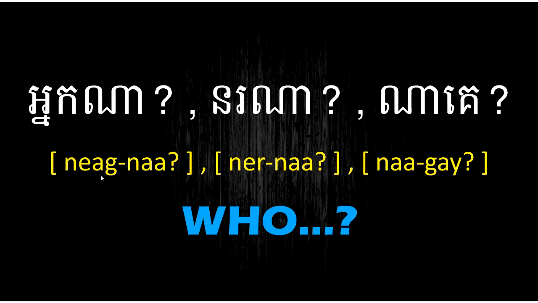Actually, for nè ná and no ná, we don't really use them often for casual speaking. We always use these two in official cases, like in the news or in the movie. And the word that we always use all the time for casual speaking is nake. Cambodian people use this often.